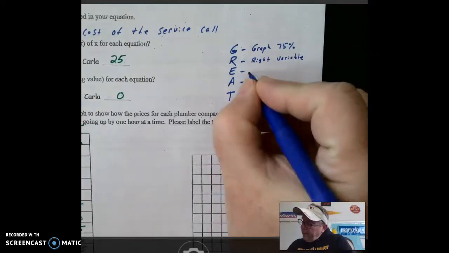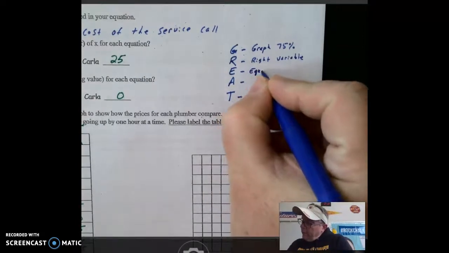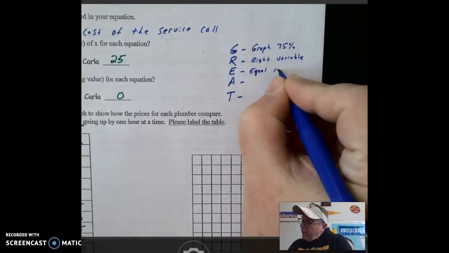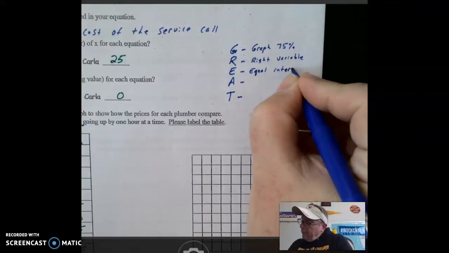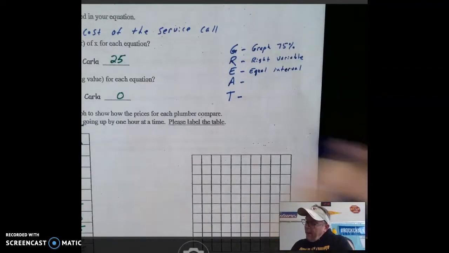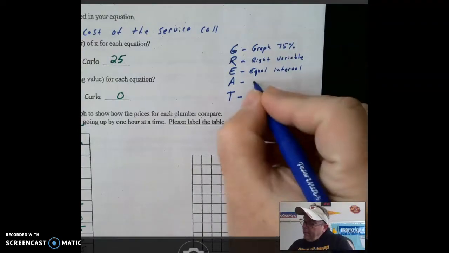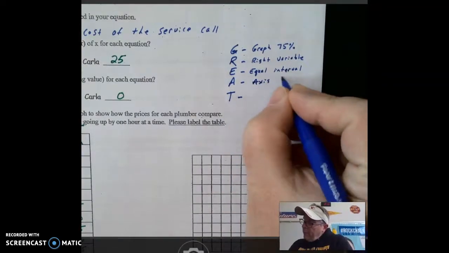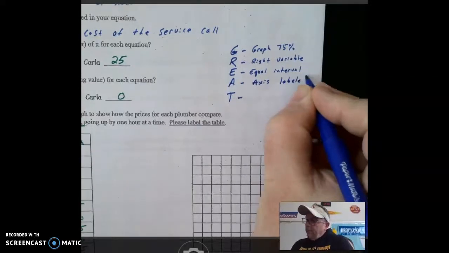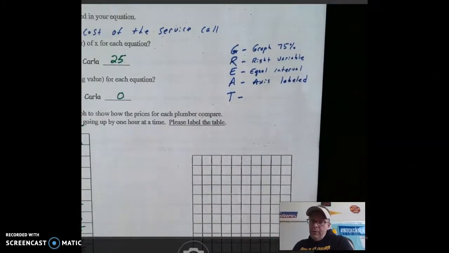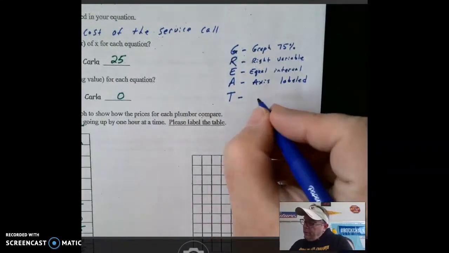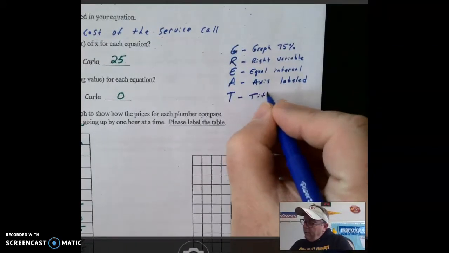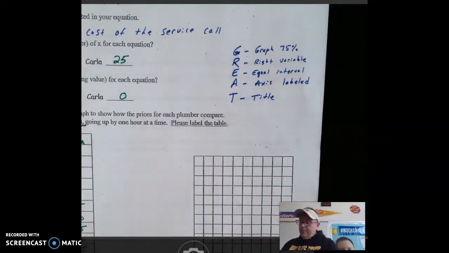E, equal interval. You want an equal interval on both your axes. The A, you need to make sure that your axis is labeled. And then a very large one also, T, you need to make sure that you have a title, something that's going to reflect your data.